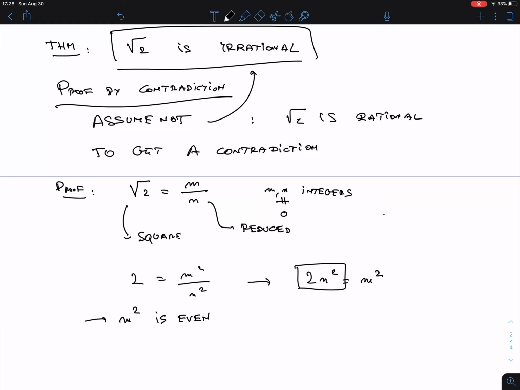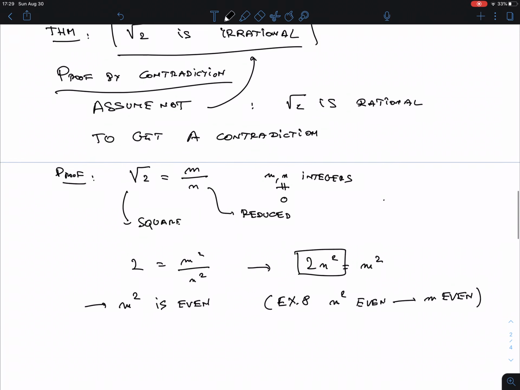Now, I skipped this and I now realize I perhaps shouldn't have done this, but it is in the textbook in example 8, so I'm going to leave that as an exercise for you because it's also proved by contradiction. In example 8, you show that if m squared is even, then m is even. So if you want, try to prove it for yourself.